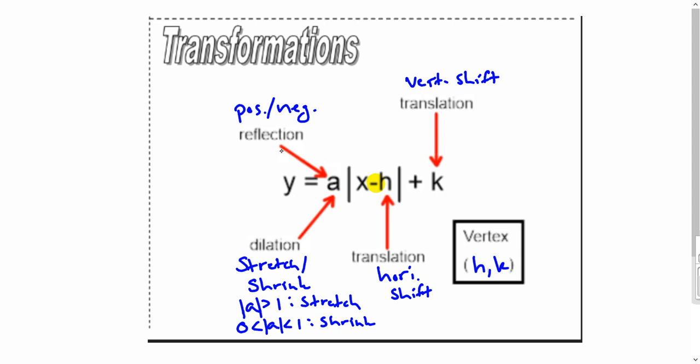The reflection comes from the leading coefficient, this value of A. If it's positive, it's normal. If it's negative, it's been reflected over the x-axis. If its value is greater than 1, it's been stretched, so it's skinnier. If the value is a fraction or decimal amount, then it has been shrunk. H is our horizontal shift, K is our vertical shift, and as always, the vertex will be located at (H, K).